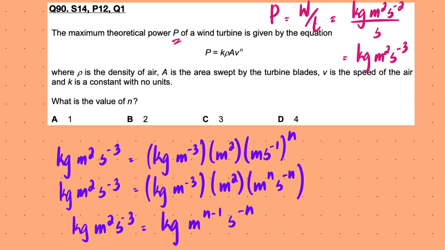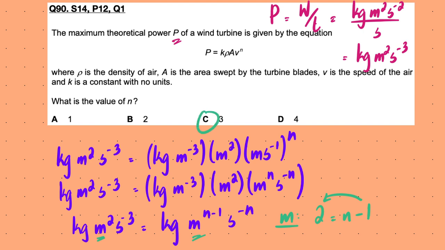Again, it's totally up to you what you want to compare. Let's say that I want to compare my meters, right? So comparing meters, I would say that 2 equals n minus 1, taking this there and adding. So 1 plus 2, n is then equal to 3.